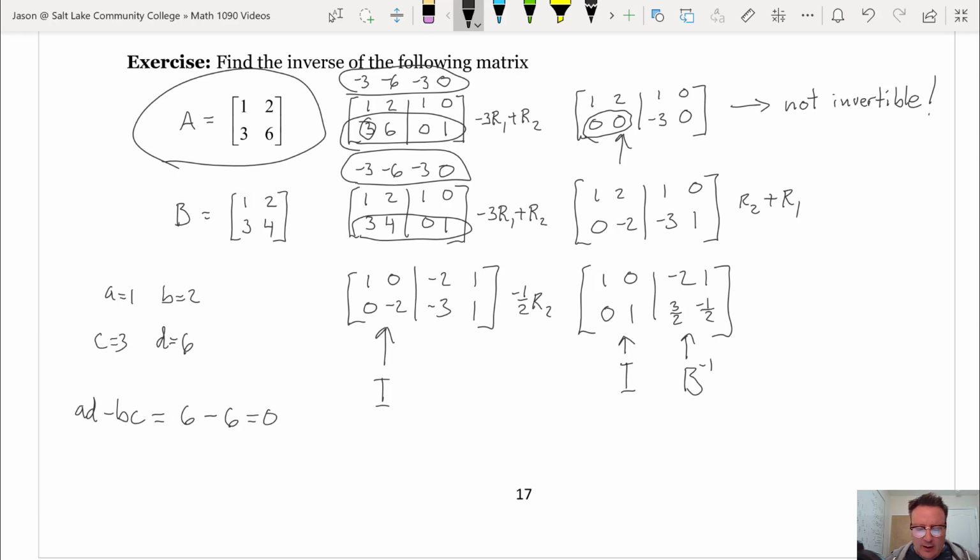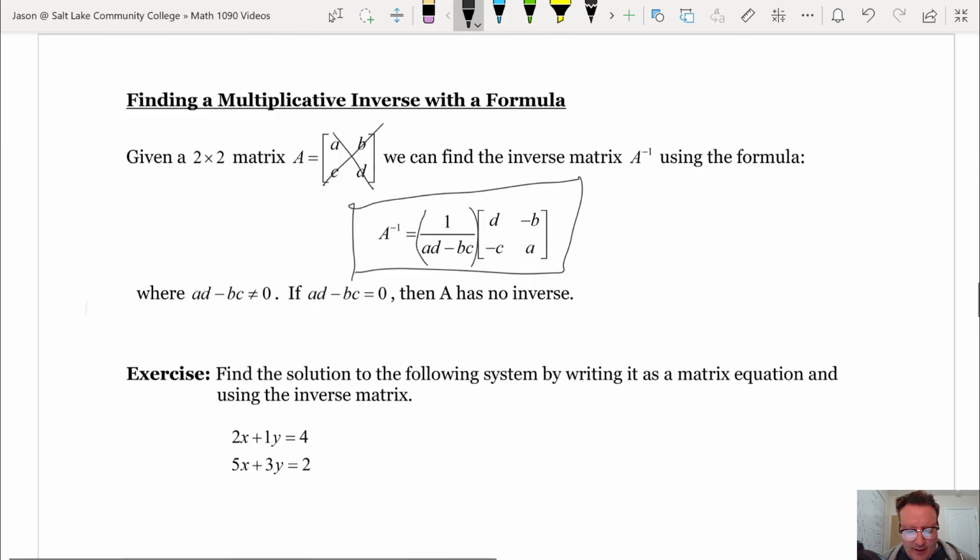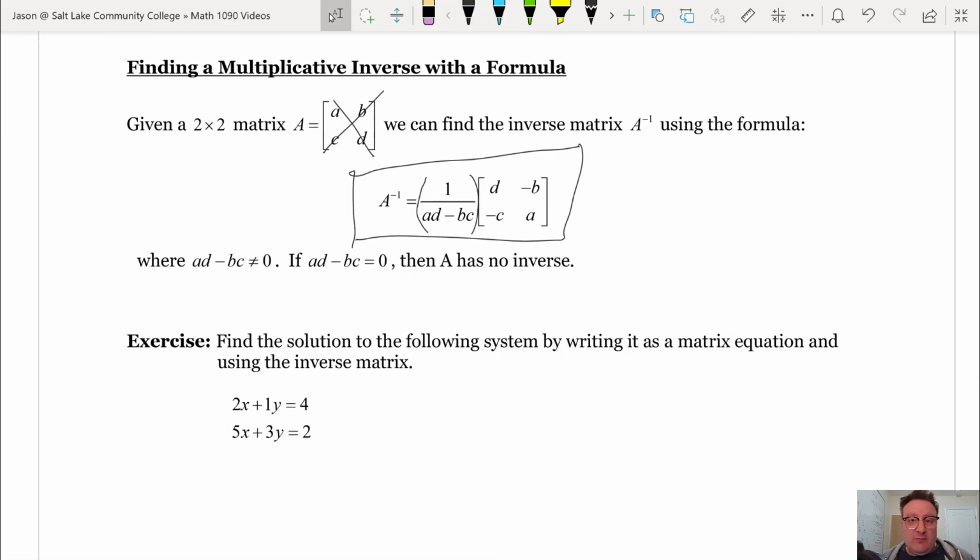So as you can see from the formula, we were doomed from the start trying to compute the inverse of that matrix, because you get division by 0. It's not invertible. You can't do it. Okay.